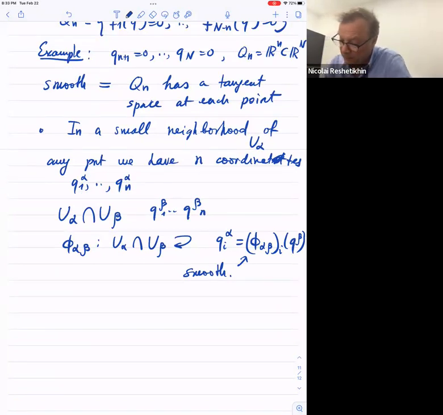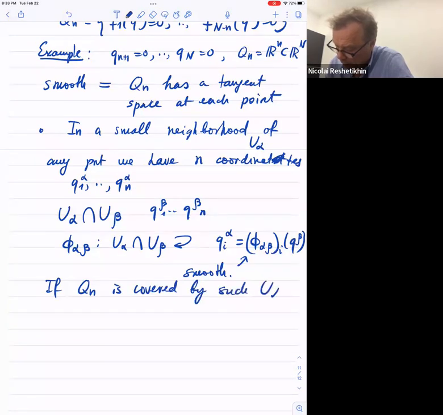So if Q is covered by these coordinate charts U alpha, it is a smooth manifold.